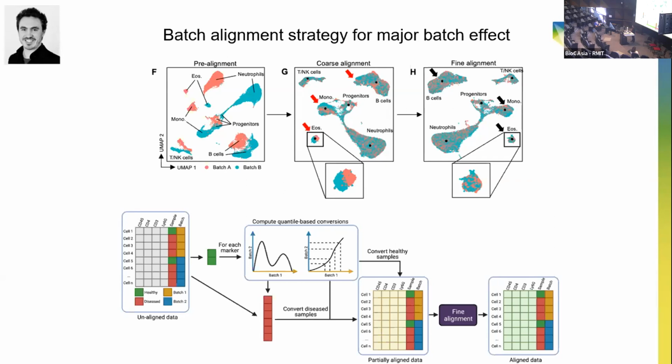So Tom came up with this strategy where you first apply what we call a coarse alignment, where you treat all the cells in your healthy sample as if they belonged to one giant cluster. And then you compute the quantile-based conversion and do the conversion. And you do similarly for the disease sample as well. What you get is partially aligned data, which you can then pass on to the final alignment strategy I just described, to get a better aligned data overall.